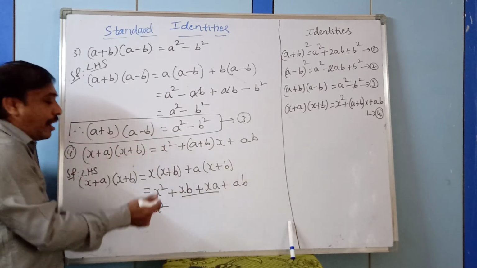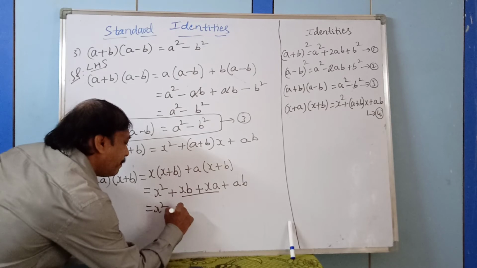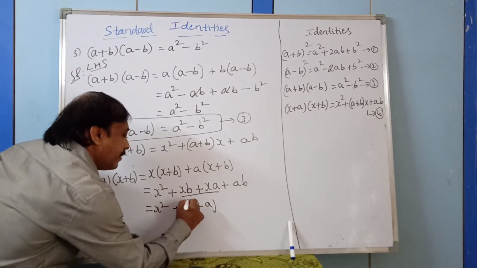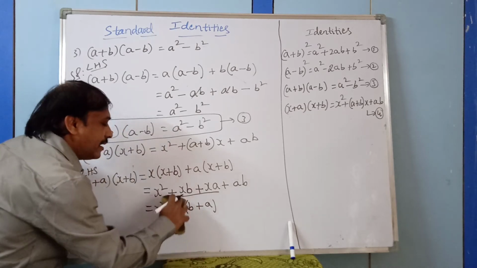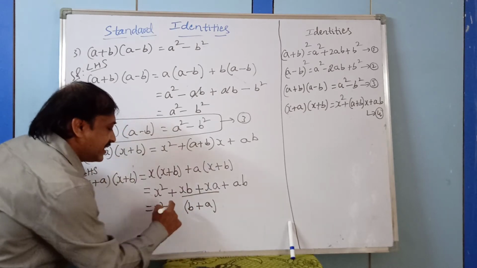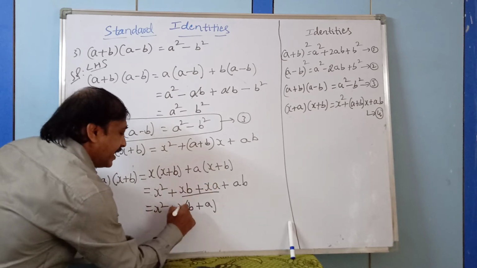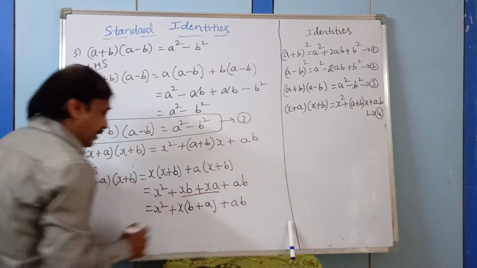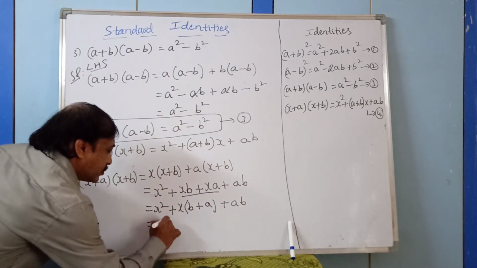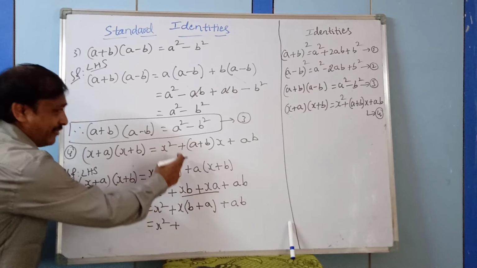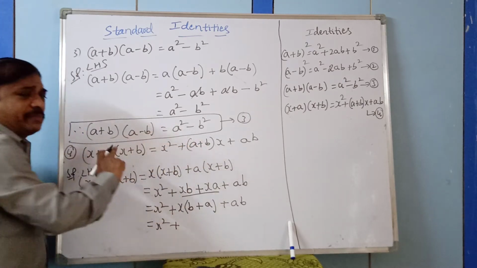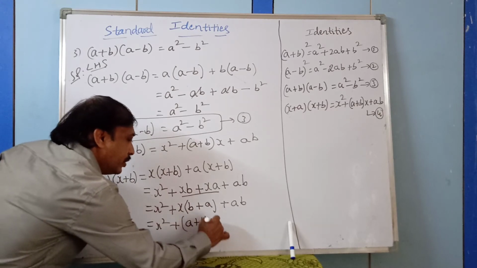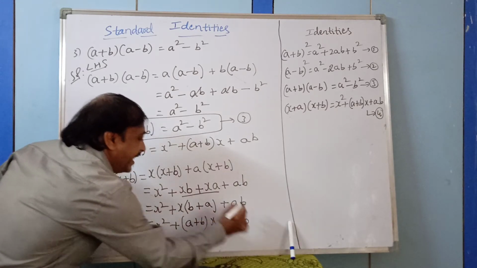So I am taking x out common, x into (b + a), plus ab. Now rearranging, x square plus what we have in the identity, first a plus b. a plus b or b plus a, both are same. So (a + b) into x plus a into b.